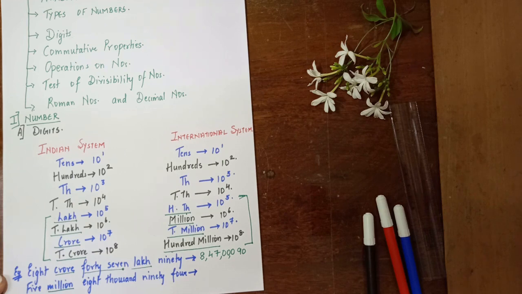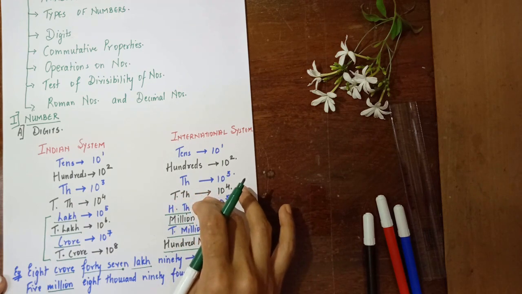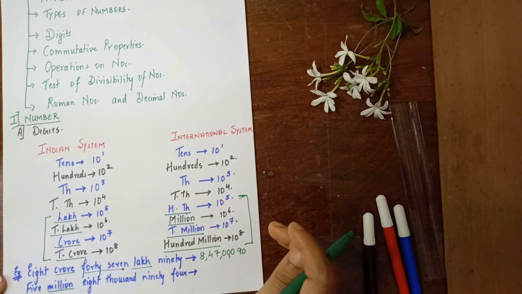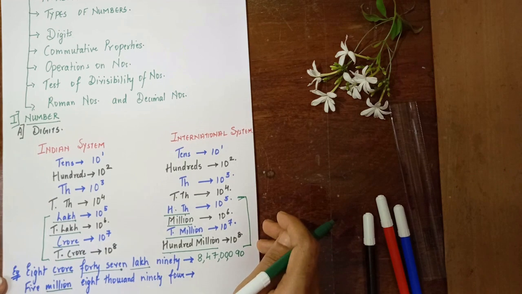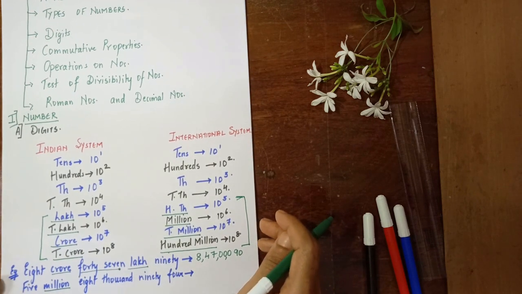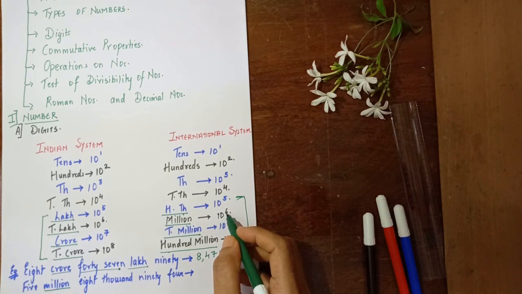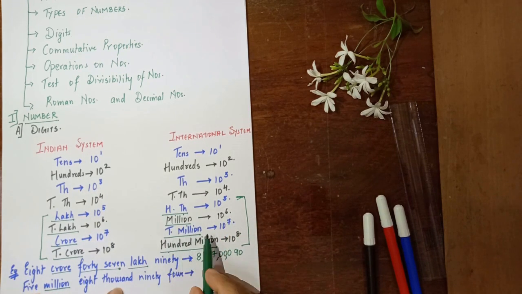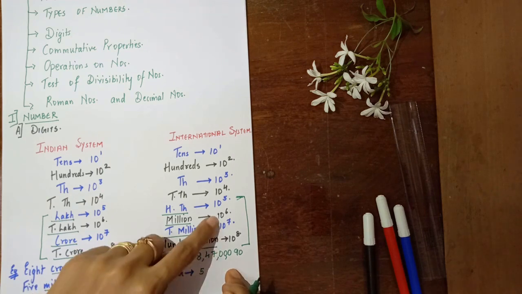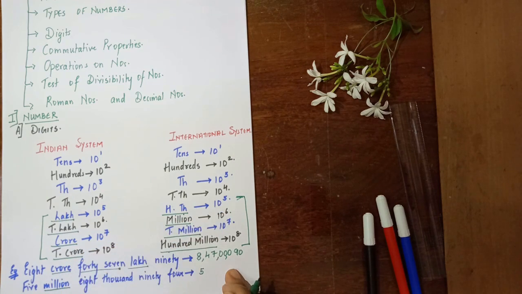So if million appears, it should be belonging to the international system. So let's understand how to write down if it belongs to the international system. So let's look, million has how many digits? It has 10 raised to the power 6. It's 5. It's not in tens, so it is only million. So you have 5 written down over here. Now after 5, you need to have 6 digits because million is 10 raised to the power of 6.